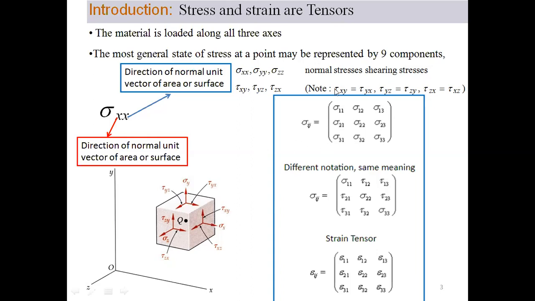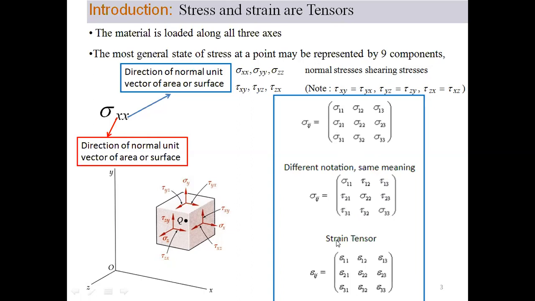Normally we could represent the stress by this matrix notation, and in the most general case, instead of sigmas we write tau for stresses, in order to further classify the shear stresses from the normal stresses.